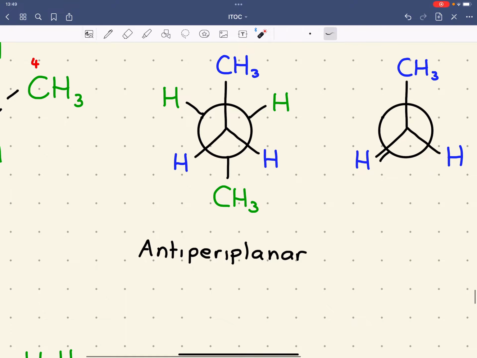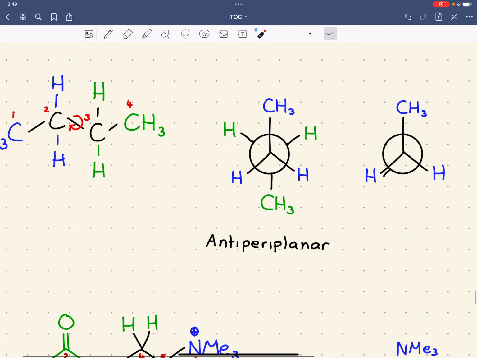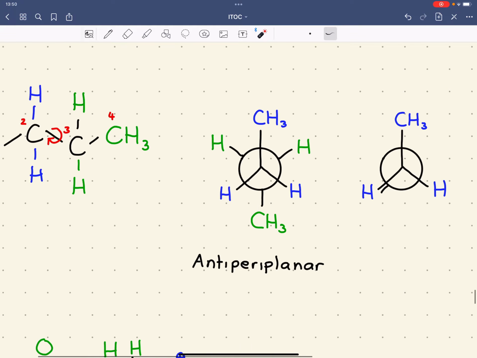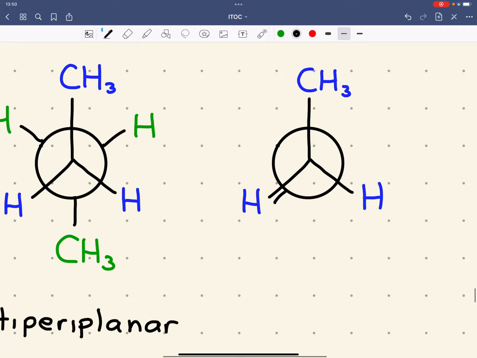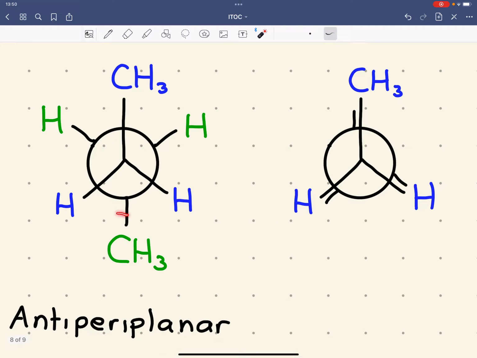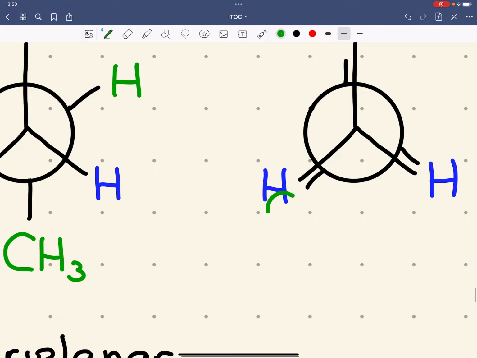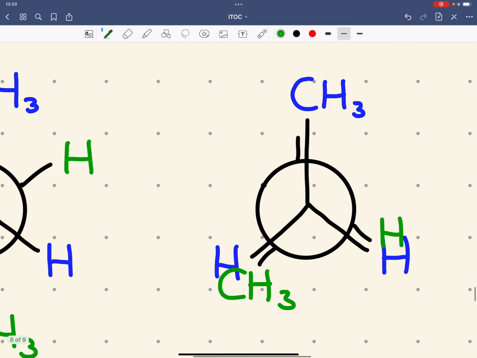Now, if we rotate this bond between carbons 2 and 3 by 60 degrees, then we would get the following conformation. We now get an eclipsed conformation. So remember, we're going to rotate this up here by 60 degrees, which will now mean the CH3 group is here, a hydrogen there, and we have a hydrogen there.